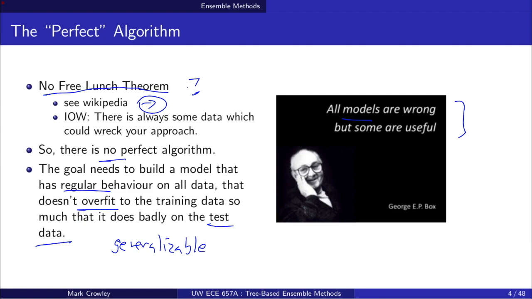But this idea that it's somehow optimal, you always got to be suspicious of that, because if something is optimal or perfect, that means you're making an assumption about the data. And if that assumption is true, then you're fine. But if it's not, then your data is useless. Just like we had with our MAP estimator last week.